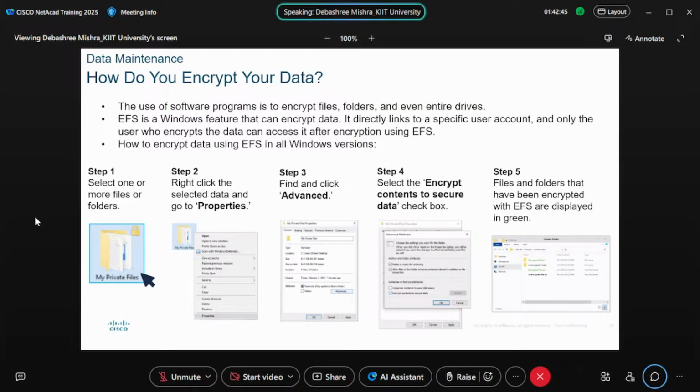Then you need to select encrypt content to secure your data or information. Then you need to click on the checkbox of encrypt content to secure data. After that, you can see that the files and folders that have been encrypted with EFS are displayed in green. So in this one, you can see that the files or folders have got encrypted.